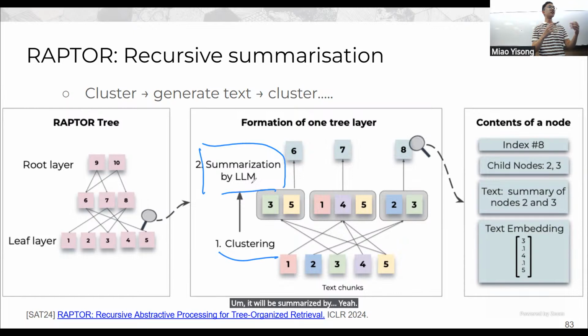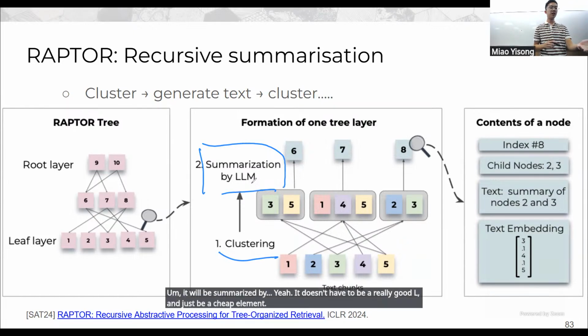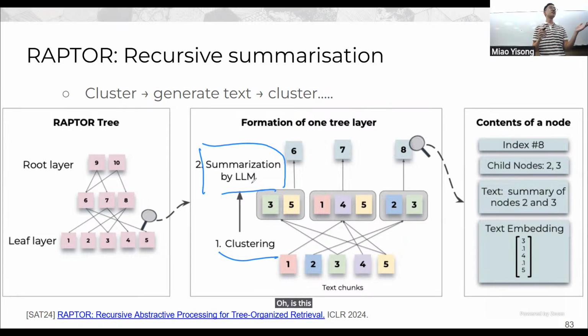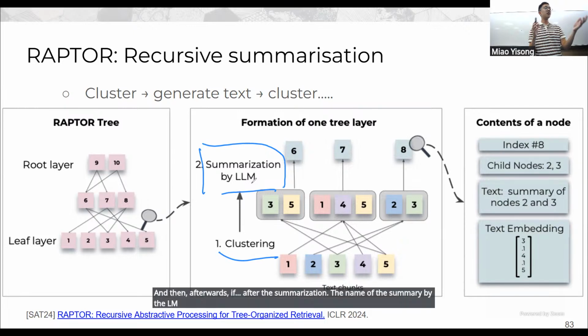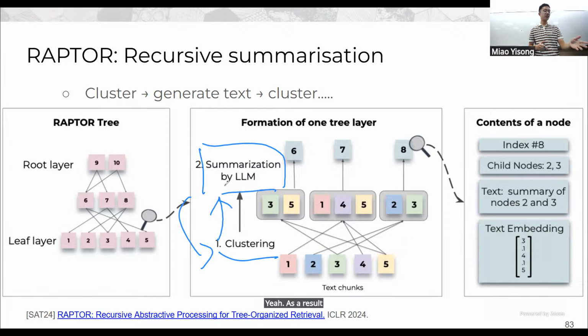It doesn't have to be a really good LLM, it can just be a cheap LLM. So for example, in this paper, the authors use something like GPT-3.5. Yeah. And then if after the summarization, the length of the summary by the LLM is still too long, then you can recursively do the same process. Yeah. And as a result, you will build a tree with root layers. And in the contents of the node, you will have the text embedding, and also the text summary, and also links to the child nodes, and also anything.